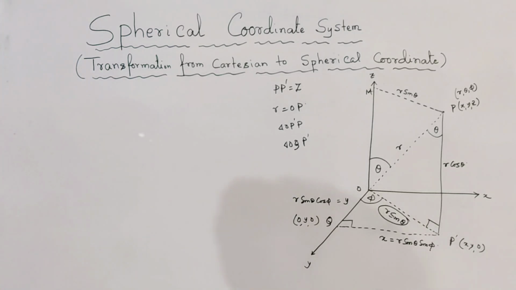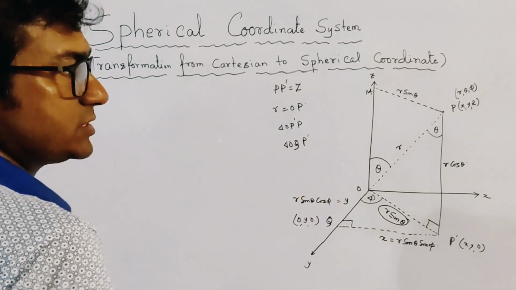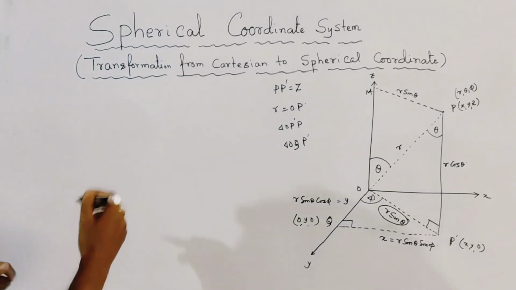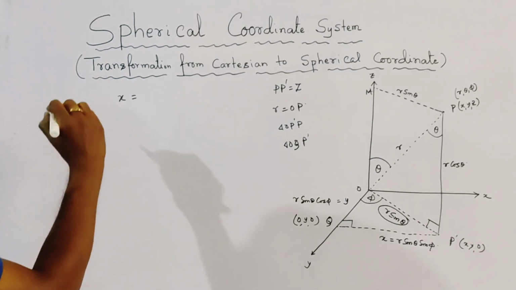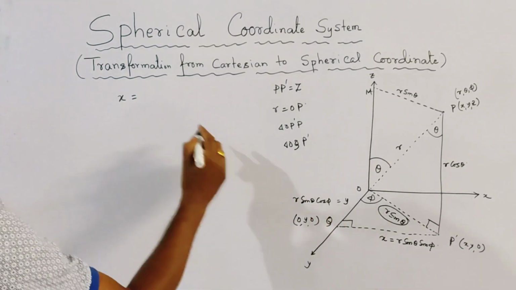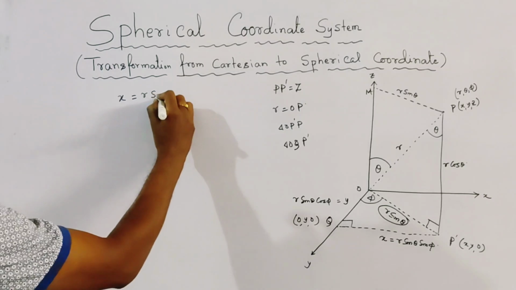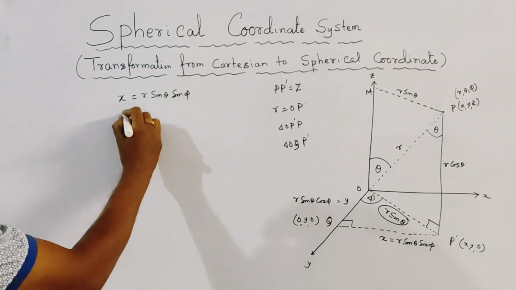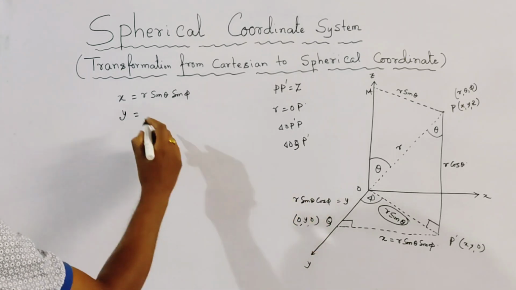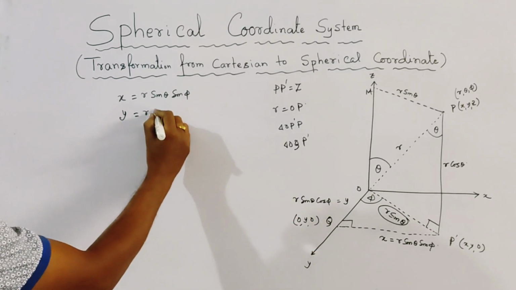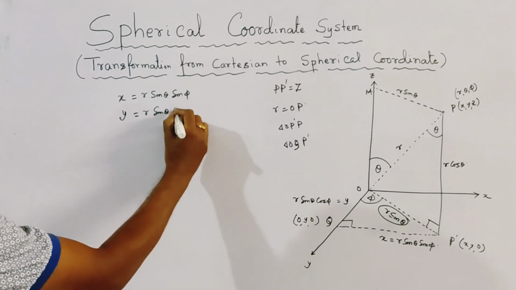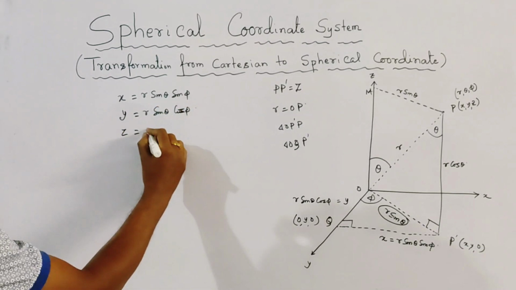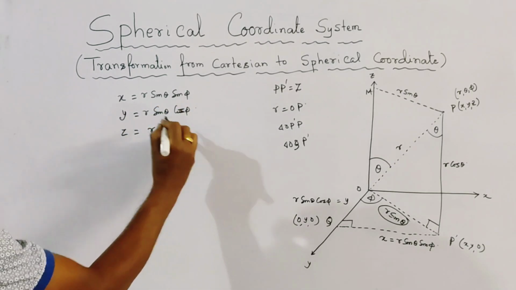So the spherical coordinate system of xyz becomes x equal to r sin theta sin phi, y equal to r sin theta cos phi, and z equal to r cos theta.